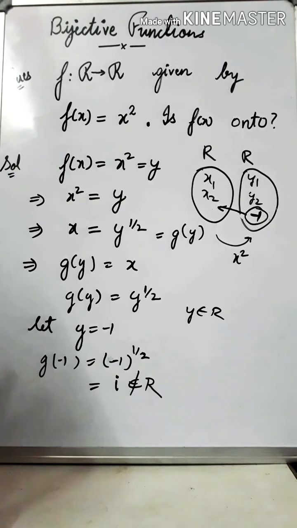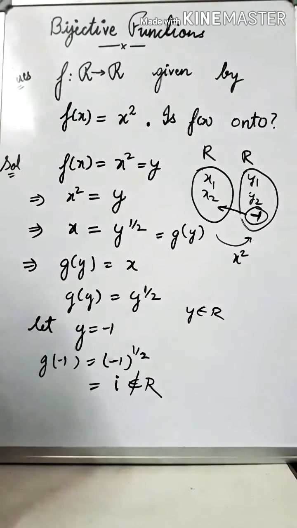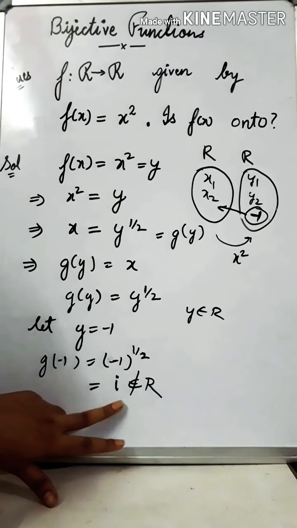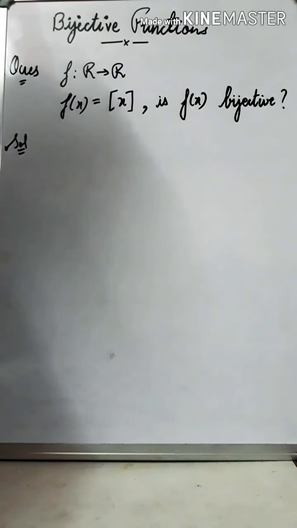Basically what you have to do is take your function, convert the function of x into a function of y, and then find one contradiction where this is not going to satisfy. Look at this very carefully. This is how you have to proceed in all the other examples where you have to prove whether the function is onto or not.